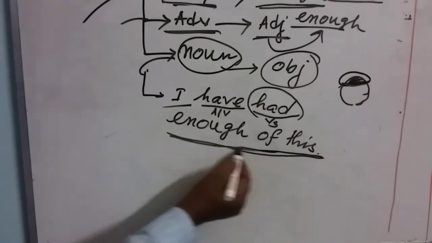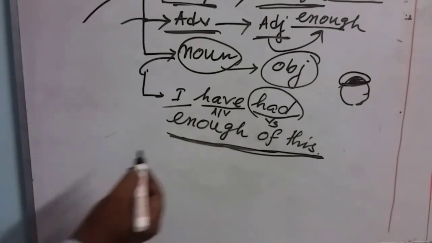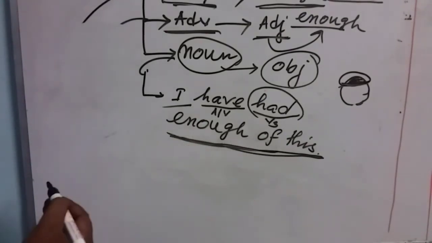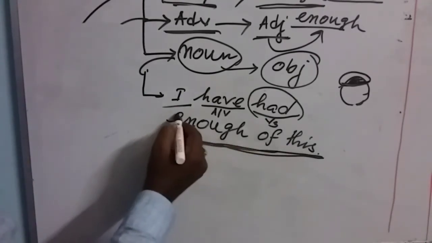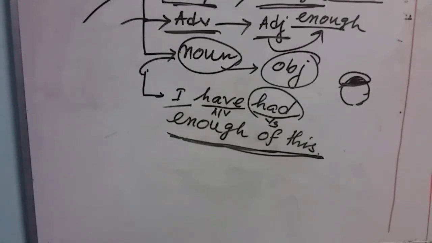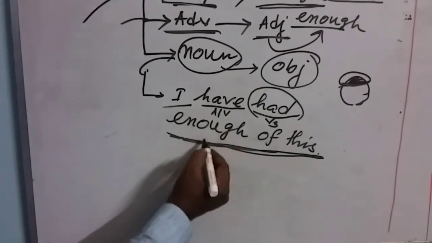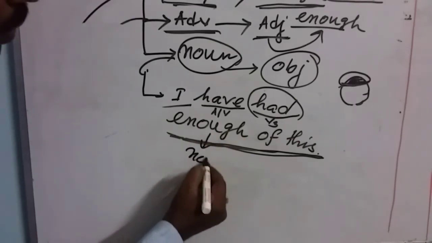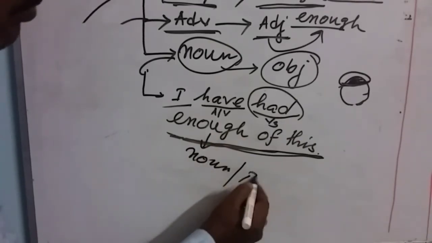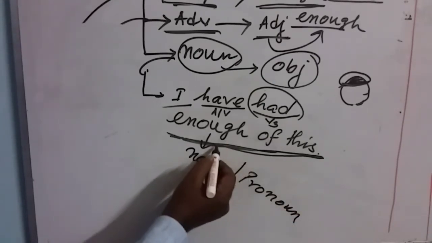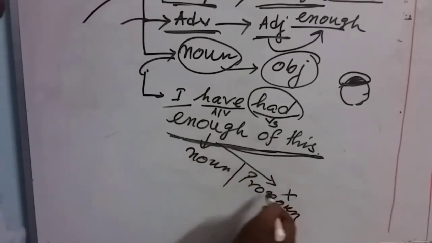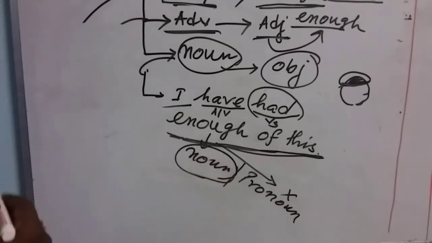That means this part is an object, and this object which is used in this sentence, that is enough. And you know, object must be a noun or pronoun. But you know, this term is not pronoun, so obviously it is a noun.